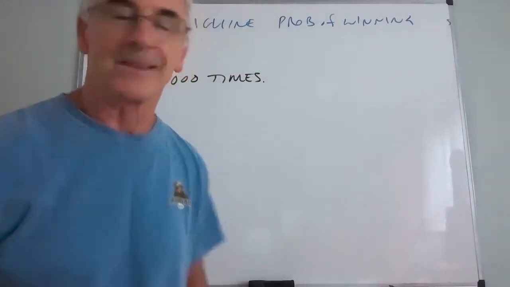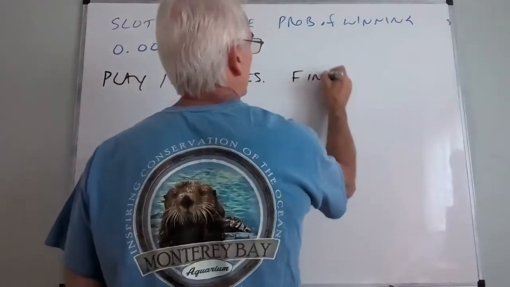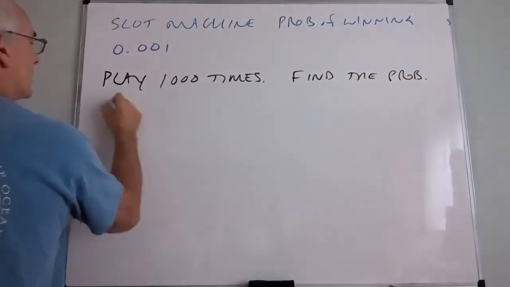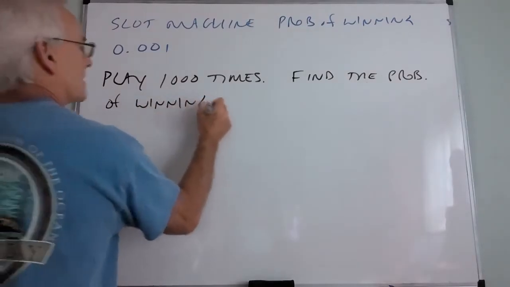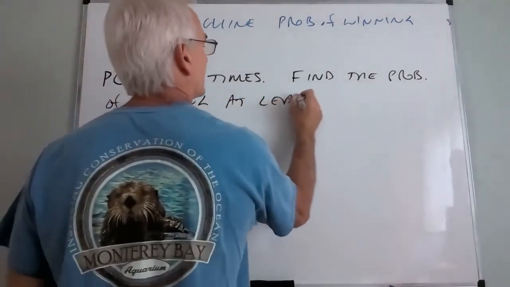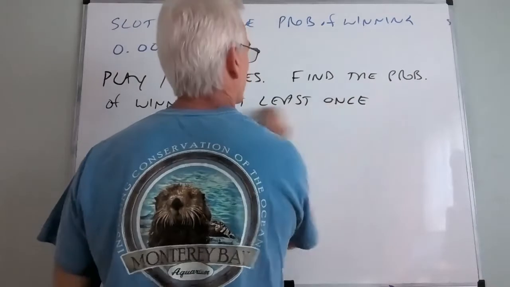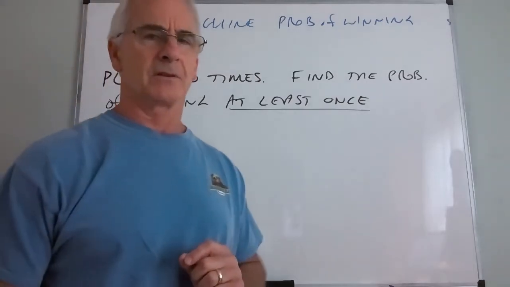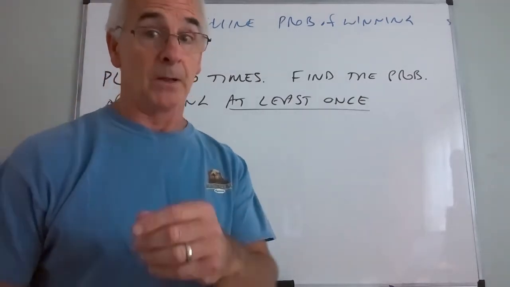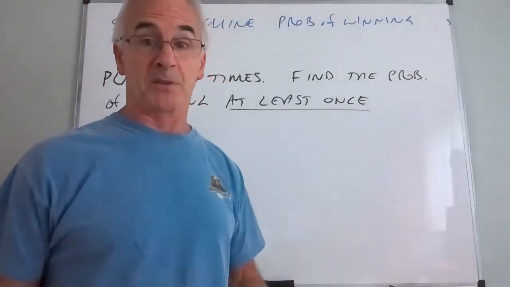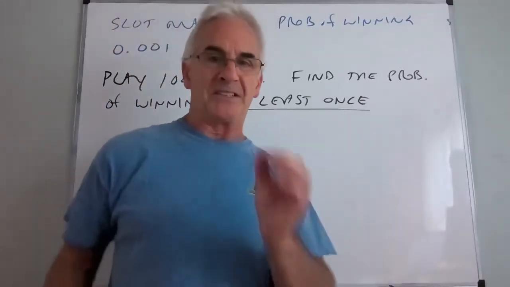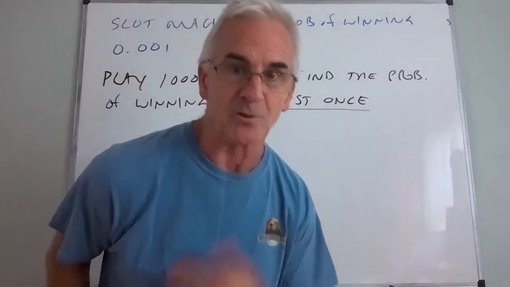You have all day. I want to find the probability of winning at least once. What does at least once mean? One or more. So it could be 5 times. It could be 367 times. It's one or more. Now, if I said, what's the probability that he wins exactly 3 times or 5 times or 11 times?